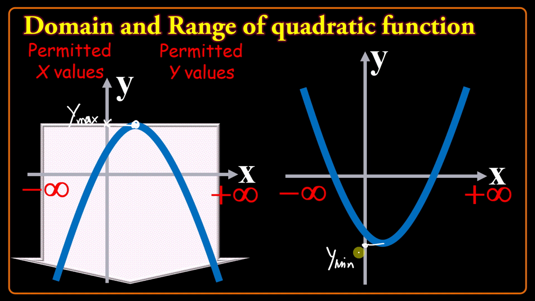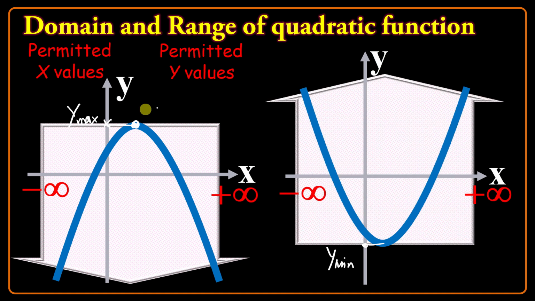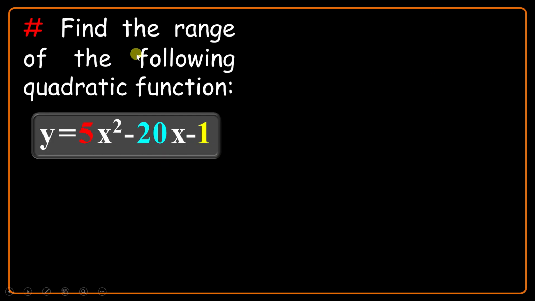So the permitted values for y will be from y min and greater. So for the concave down, I say the range is y is smaller or equal to y max. Here y is greater or equal to y min. This is the range.